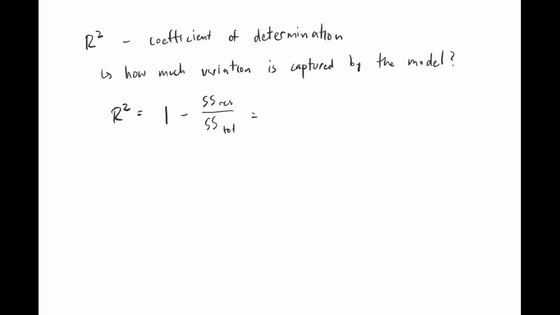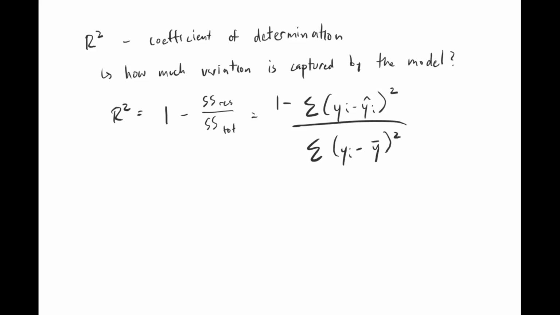So this is equal to 1 minus the sum of (yi minus yi hat) squared, again this is the error term squared, divided by the sum of (yi minus y mean) squared. And I think the easiest way to understand what this means is to look at a comparison chart of these two things.